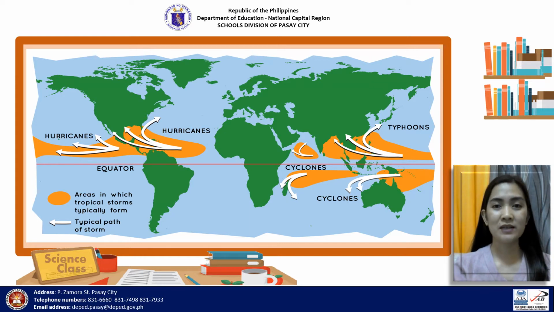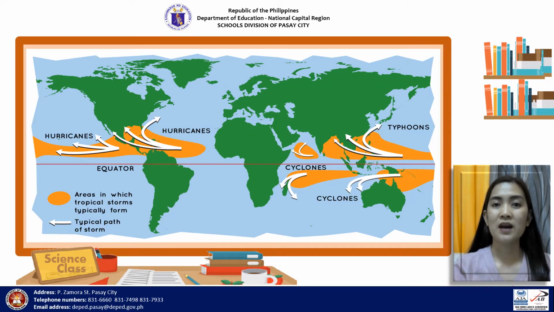Hurricanes, cyclones, and typhoons are all types of tropical storm. They are basically the same thing, but they have different names depending on when and where they appear. Hurricanes are tropical storms over the North Atlantic Ocean and Northeast Pacific.